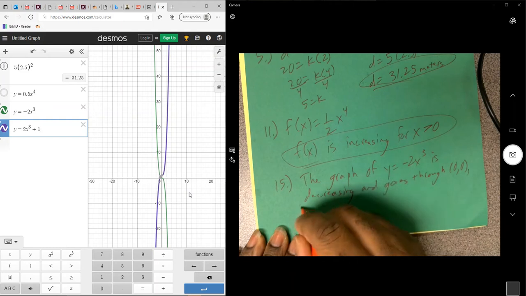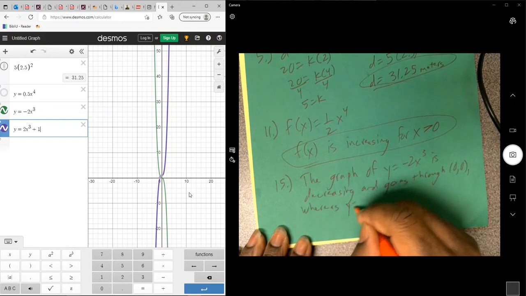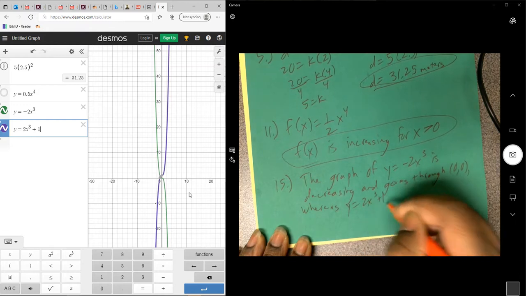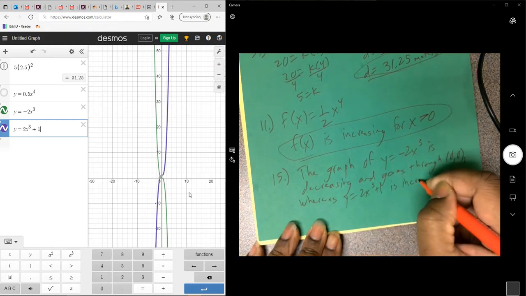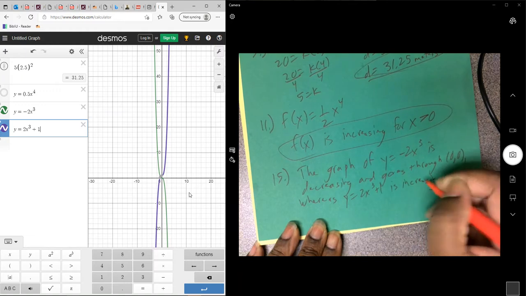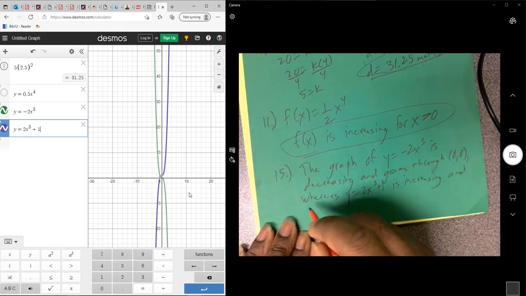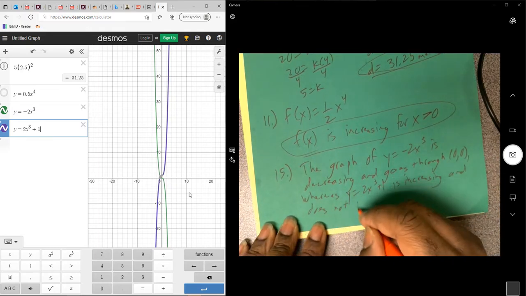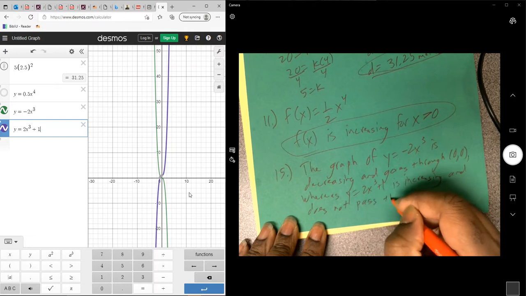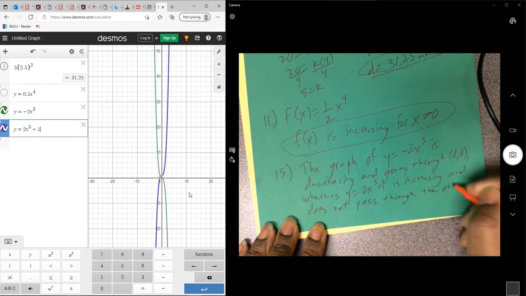Whereas y equals 2x cubed plus 1 is increasing and does not pass through the origin, which we know is 0, 0.